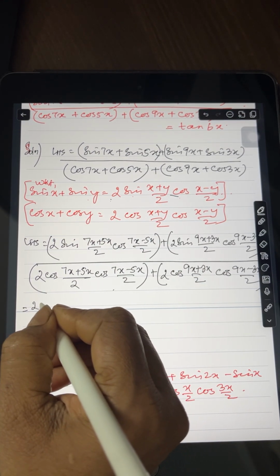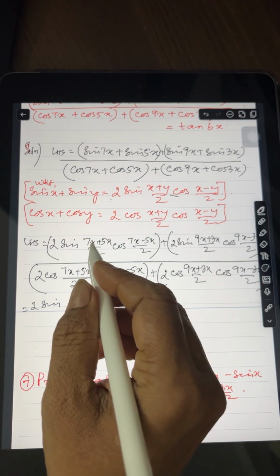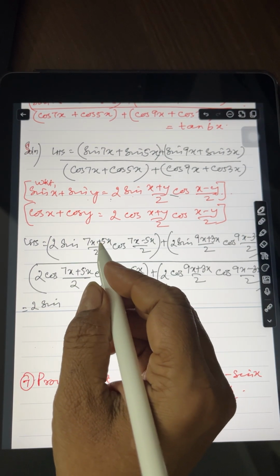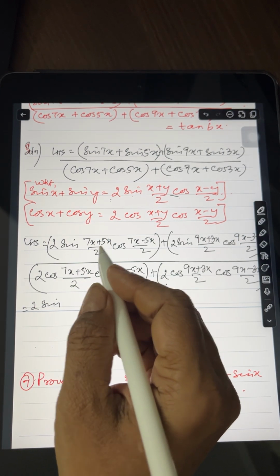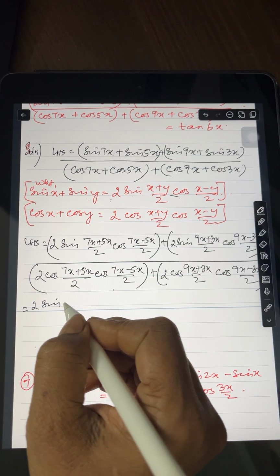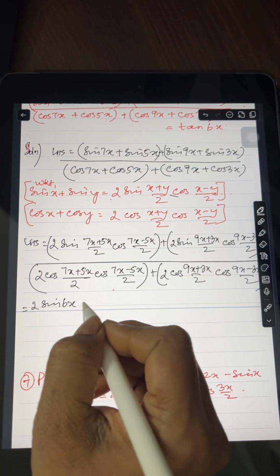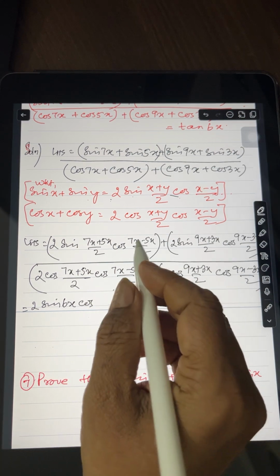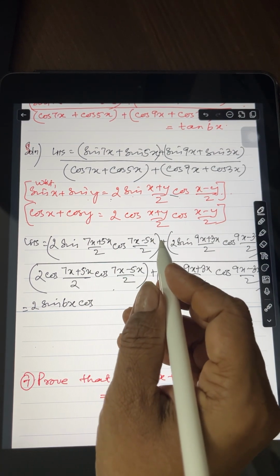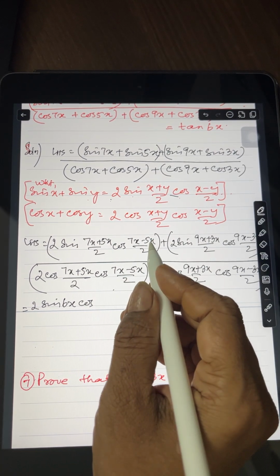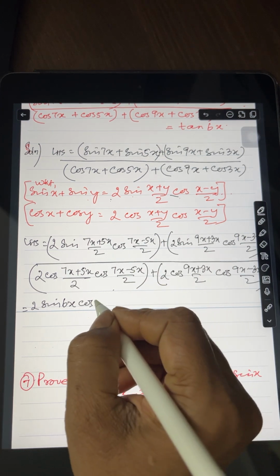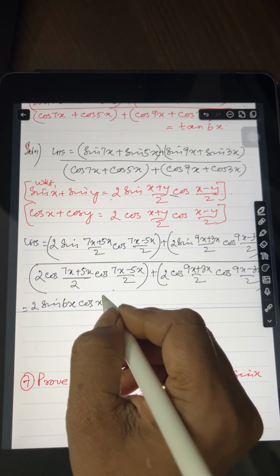So 2 sine of 7x plus 5x is 12x, and 12x by 2 is 6x, you can straight away write. Then cos of 7x minus 5x is 2x, so 2x by 2 gives you x. Clear?